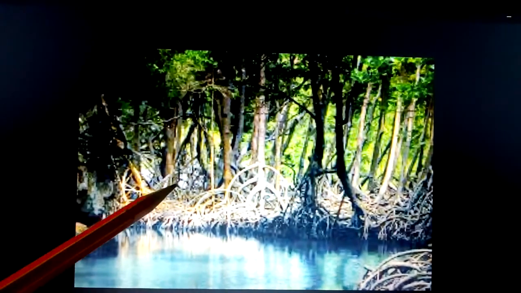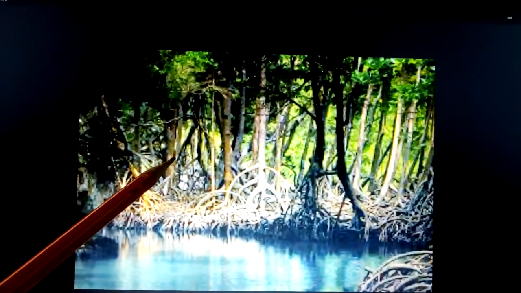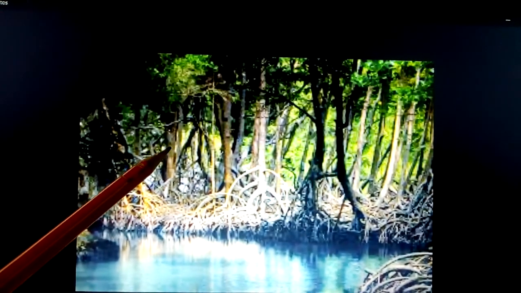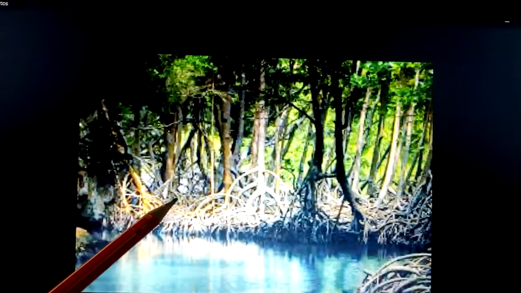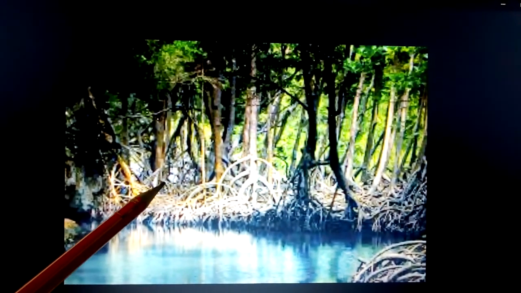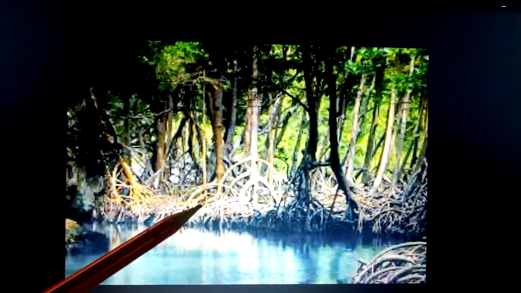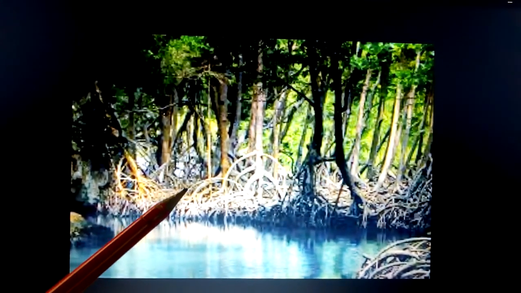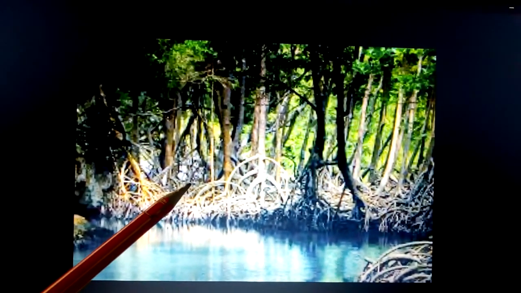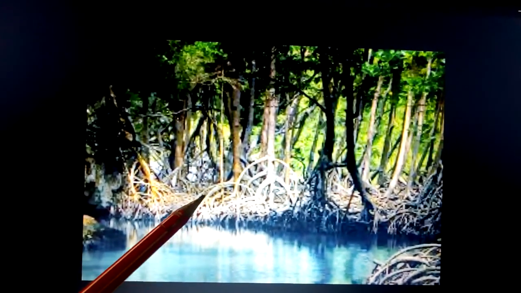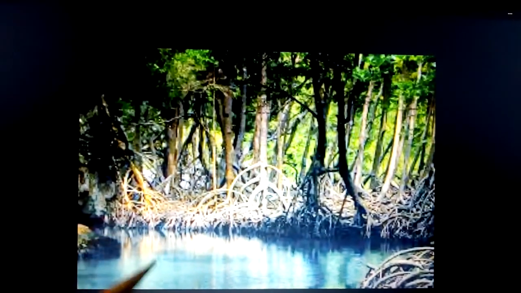Generally roots exist under the soil, but here the roots exist above the soil.